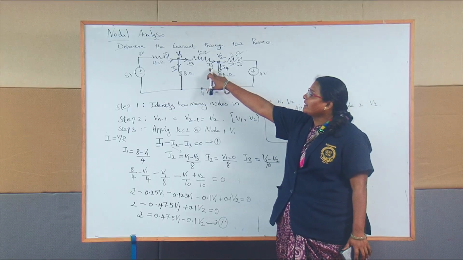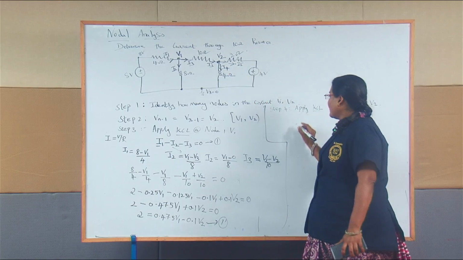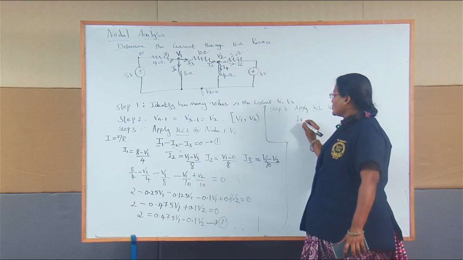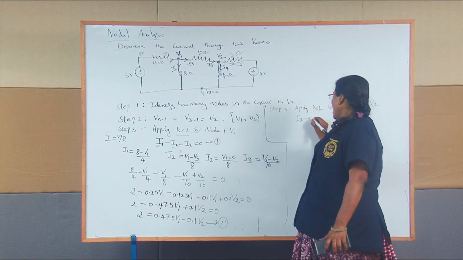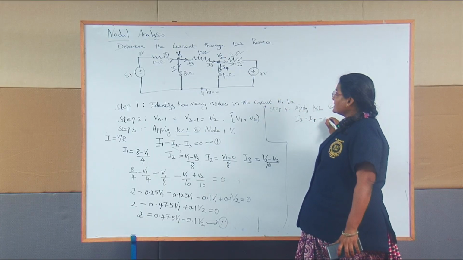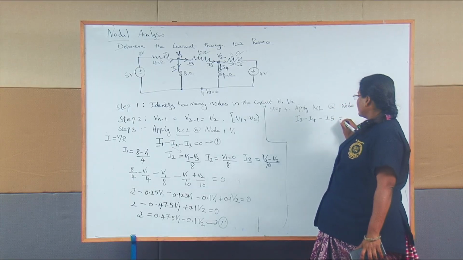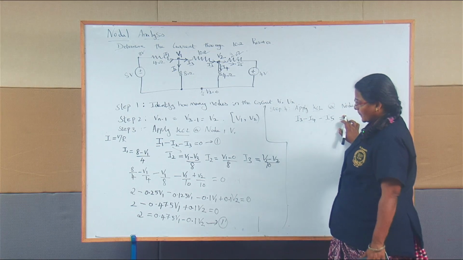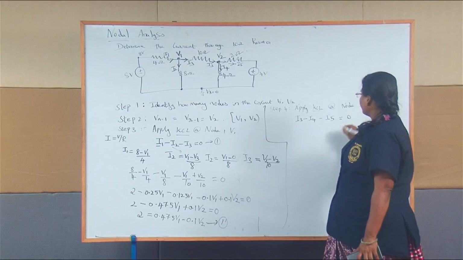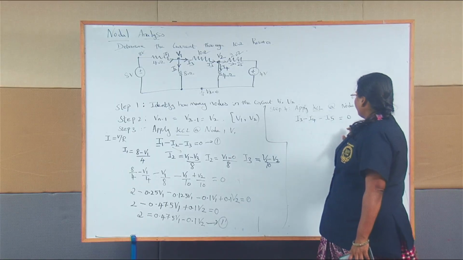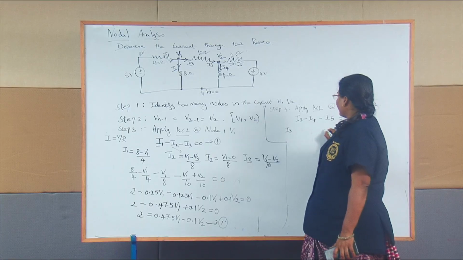Here, the entering current is I3 and then I4, I5 is leaving current. So, you can write I3 minus I4 minus I5 equal to 0. Now, you have to find out what is I3, I4, I5.